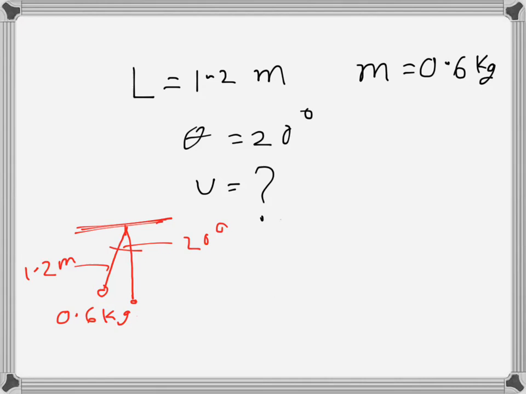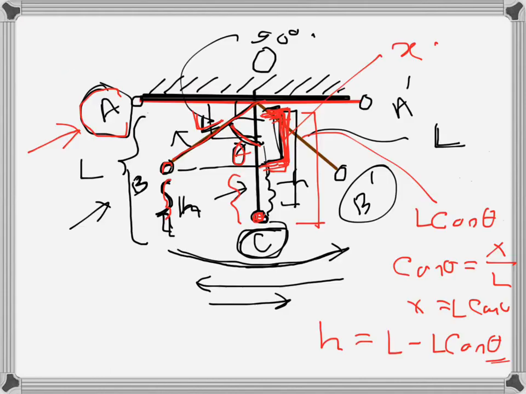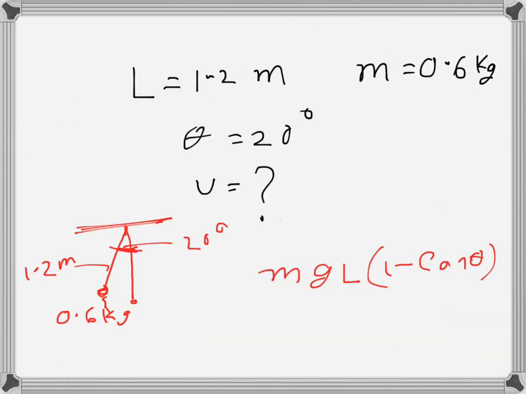So the potential energy when the angle is theta is mgh, and we can directly write h as L times 1 minus cos theta, because it's L minus L cos theta.